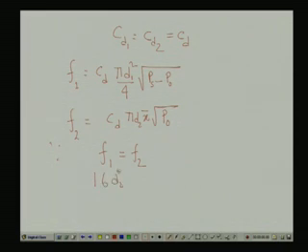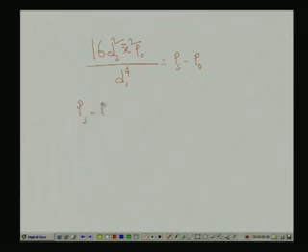Since we know that F1 equals F2, we will get 16 d2 square x bar square PO divided by d1 to the power 4 into PS minus PO equal to 1.